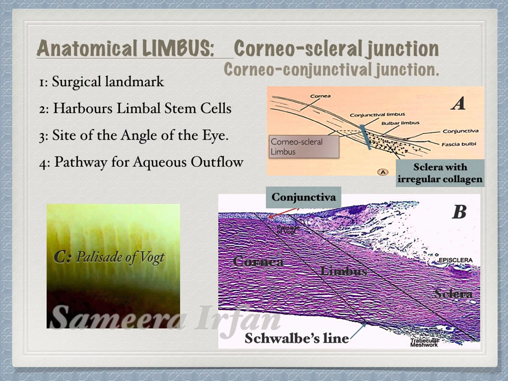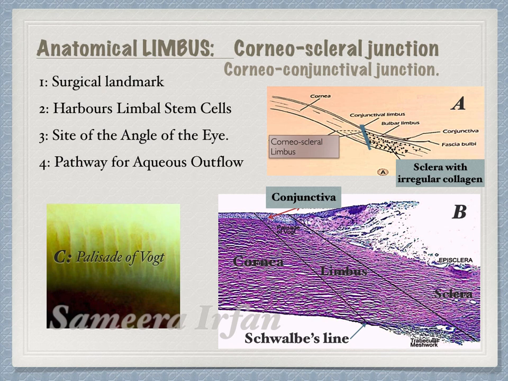The anatomical limbus comprises, number one, the corneoscleral junction, where the transparent cornea with its regularly arranged corneal stromal lamellae merges with the white sclera with its irregularly arranged collagen lamellae. And then the second part of the limbus is the corneo-conjunctival junction, in which, as I've mentioned, the Tenon fuses with the sclera 5 millimeters posterior to the corneoscleral junction, while the conjunctiva continues forwards onto the cornea for a variable distance in each quadrant of the globe.